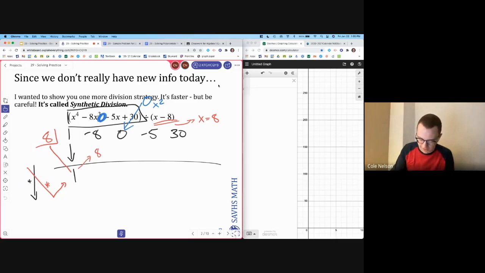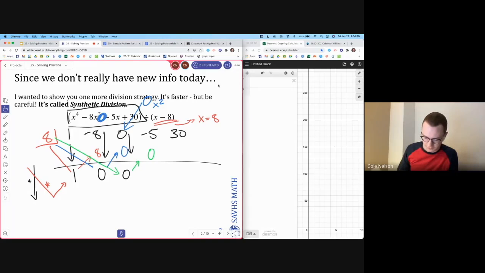And so if you add down, then you get 0. Then you multiply across and you get 8 times 0 is 0. Add down and you get 0. Multiply across and you get 0 because 8 times 0 is 0.